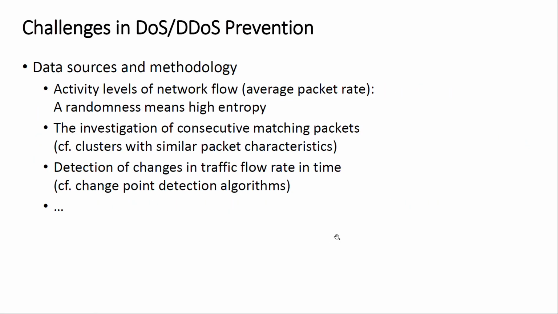So data sources and methodology are also challenges. Activity levels of network flow, average packet rate, randomness meaning high entropy, the investigation of consecutive matching packets, detection of changes in traffic flow rate in time, and so on. These are the methodologies that are used.